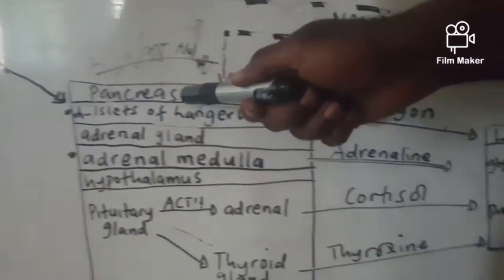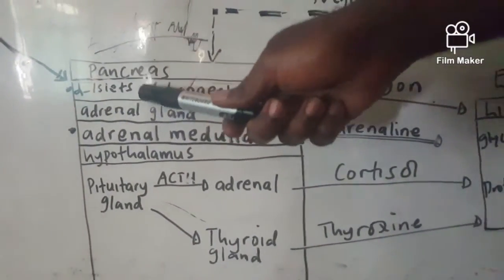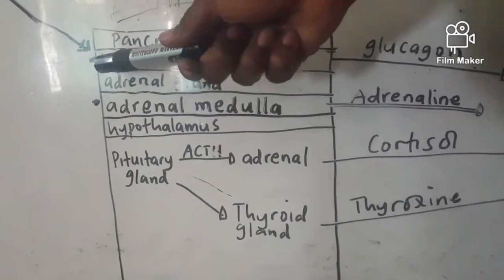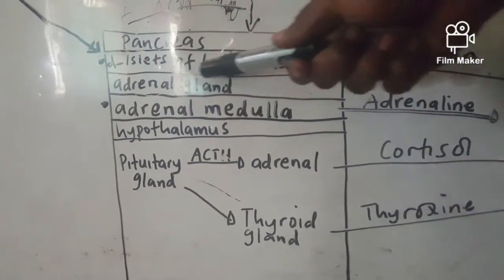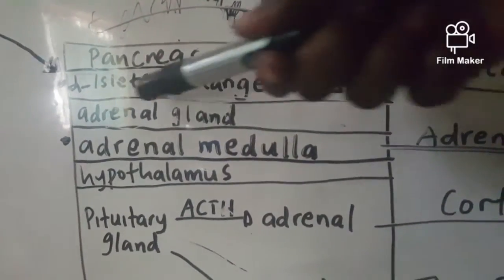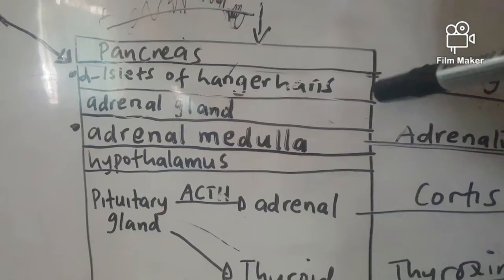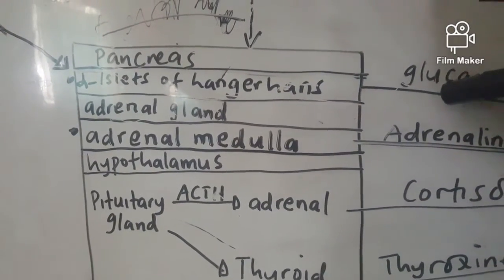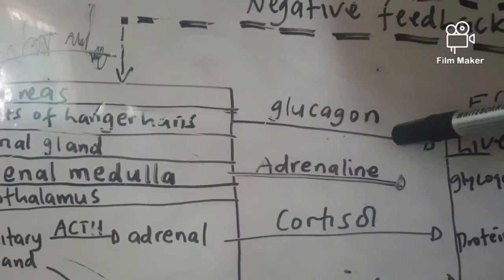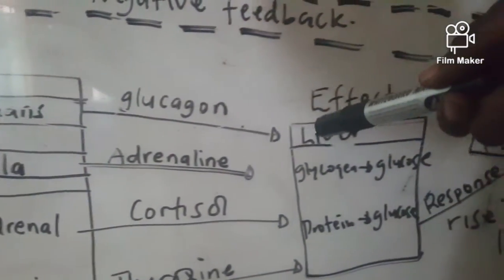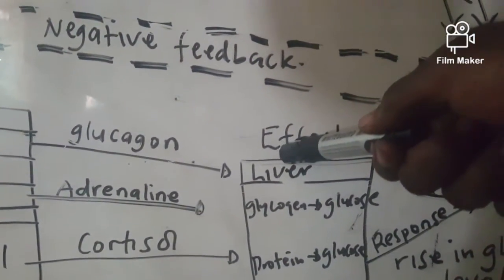What happens is that the pancreas will detect and stimulate the alpha cells of the islets of Langerhans. The alpha cells will be stimulated to release the hormone glucagon into the target cells, the effector, as you are going to see.